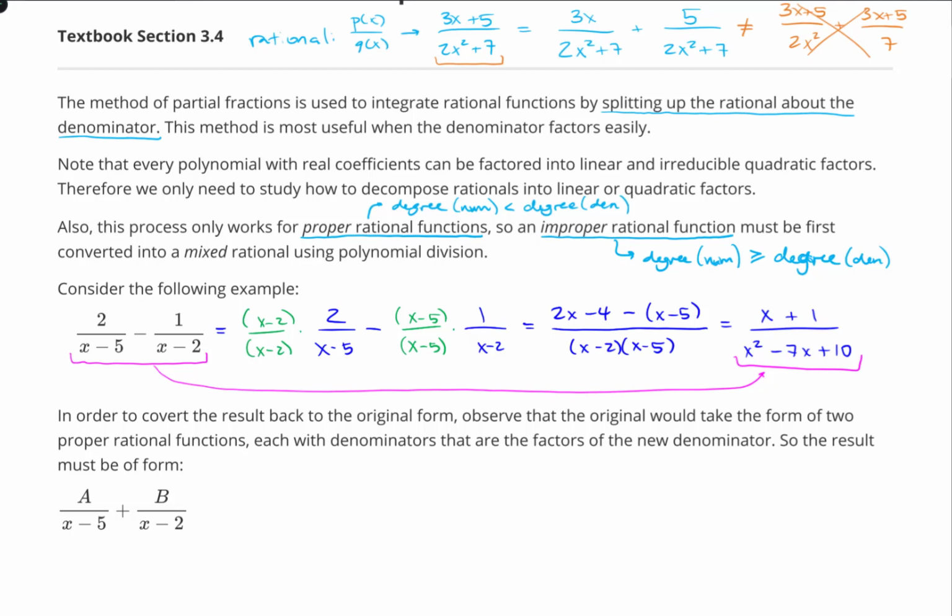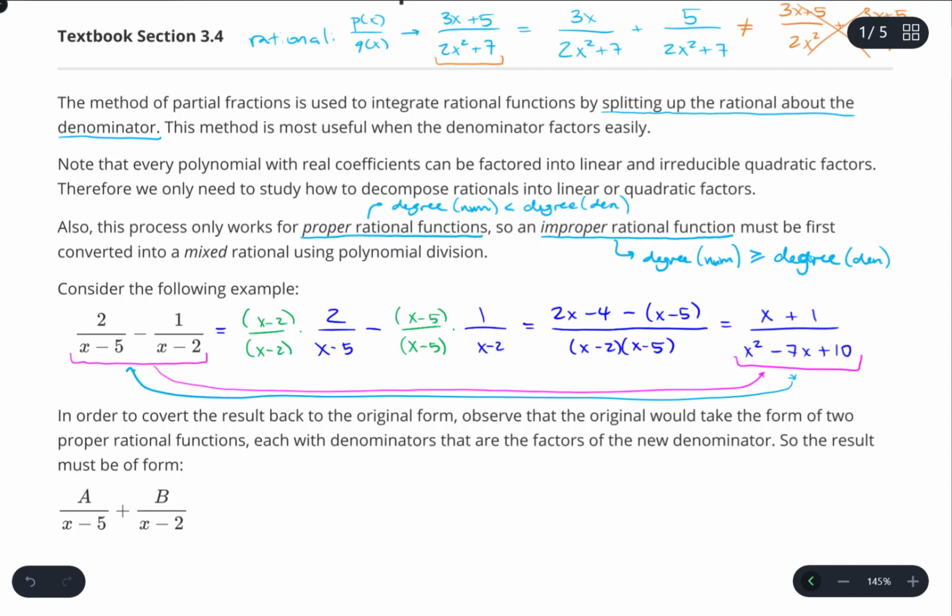Now the question is, if I had instead given you this and asked you to find that, how would you go about doing it? Well, that's the job of partial fraction decomposition, to take something of the form that I've given you in the end and rewrite it as the beginning. So we're going to explore how that's going to be possible here.